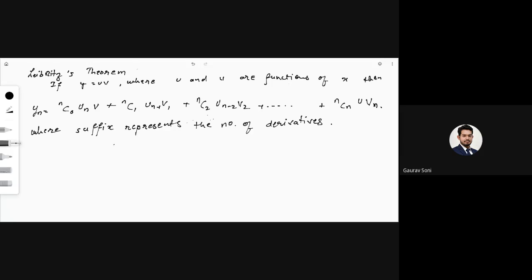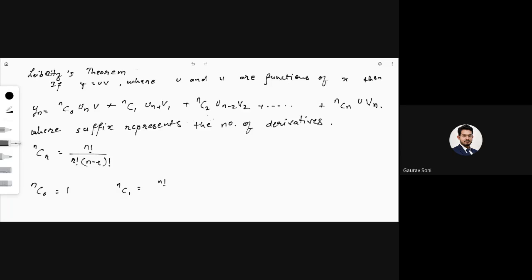We'll just recall what is nCr. nCr is equal to n factorial upon r factorial into n minus r factorial. So if you have nC0, then this will be n factorial upon n minus 0 factorial, so nC0 is always 1. What is nC1?